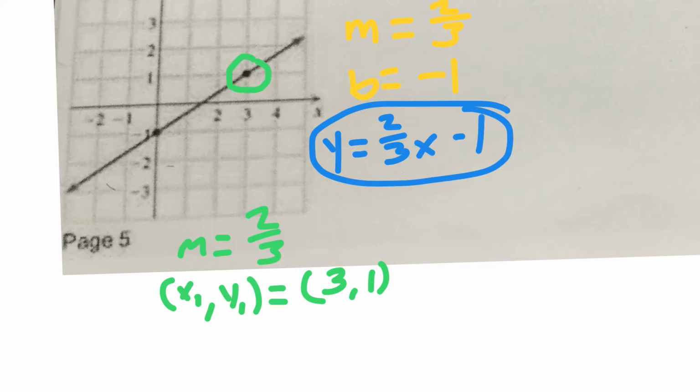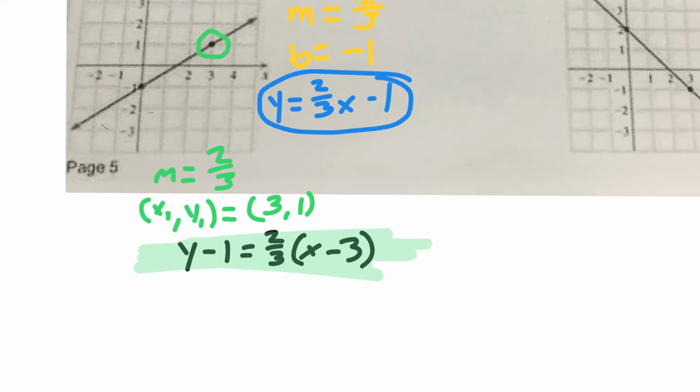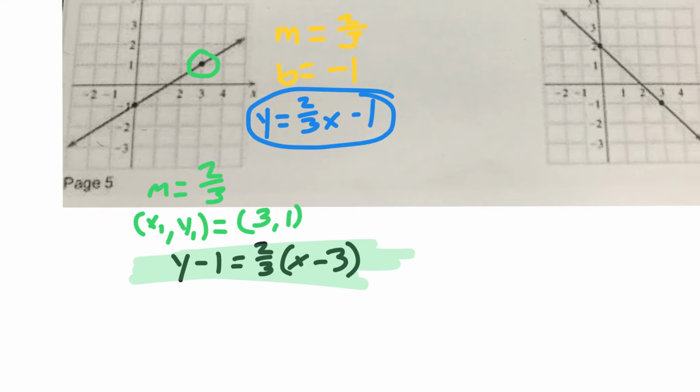Now, point-slope form is as follows: y minus y1 equals m, which is the slope, times x minus x1, which is 3. And so I'm finished. This is point-slope form. Okay, so that's all that you have to do.